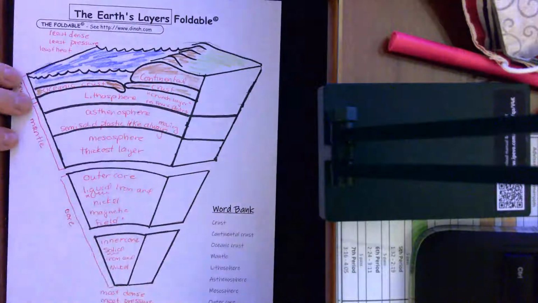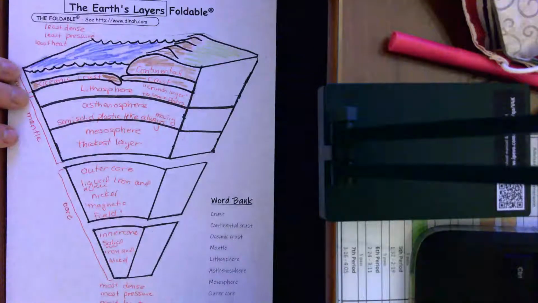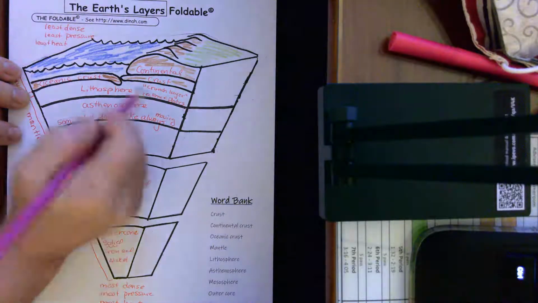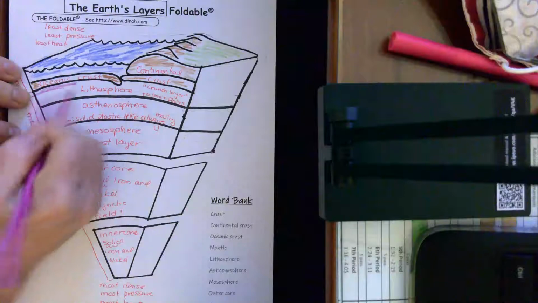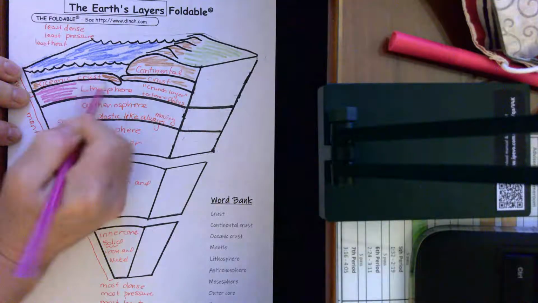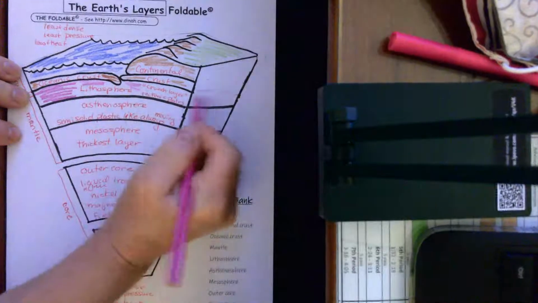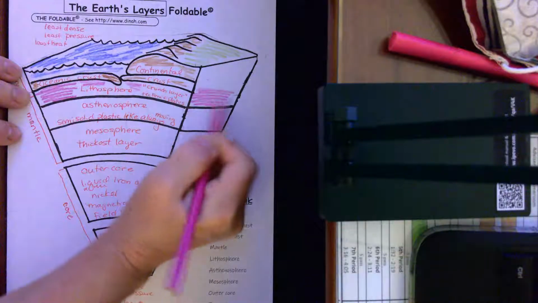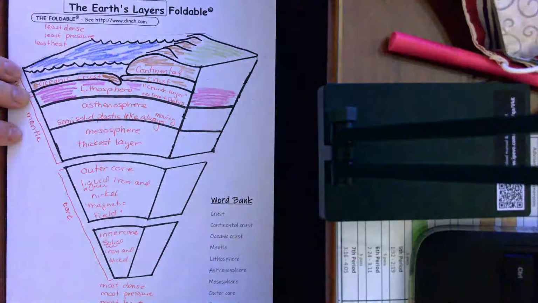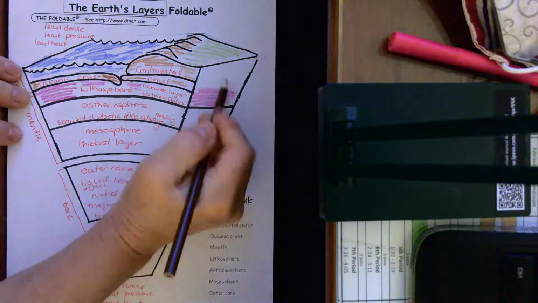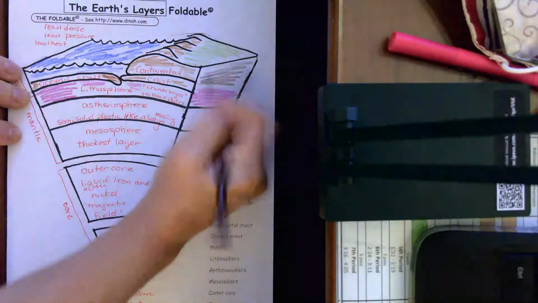All right, our lithosphere is next. Remember, the lithosphere is that crunchy one where the tectonic plates are. So I'm going to make my lithosphere. And it is also considered the upper mantle plus the crust.